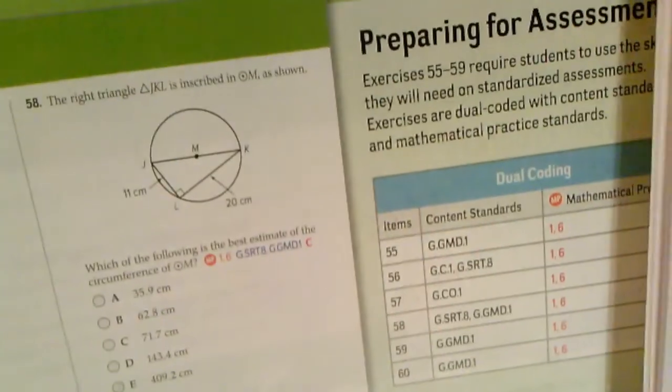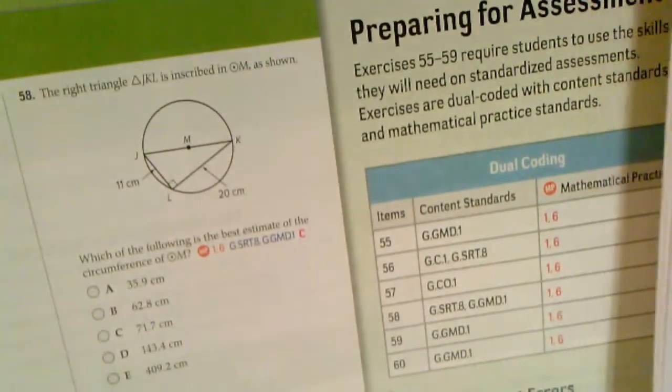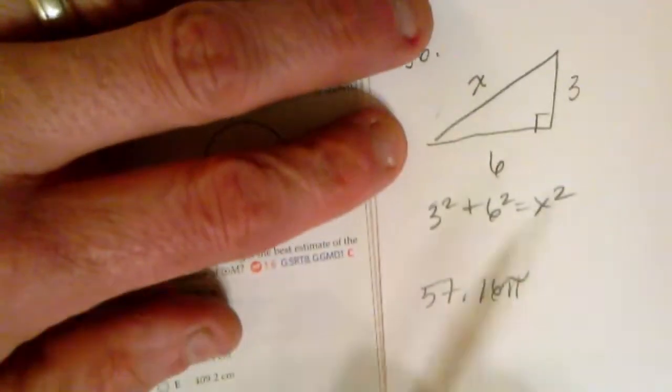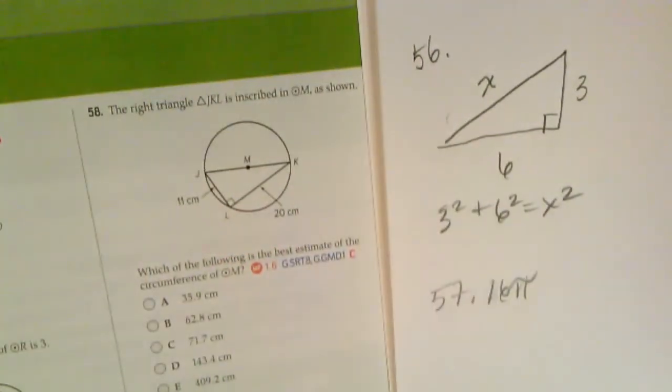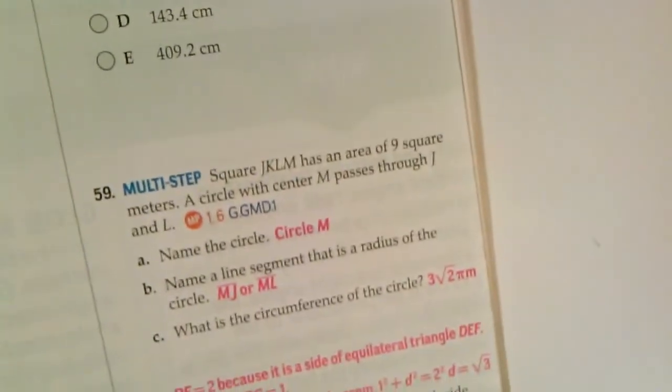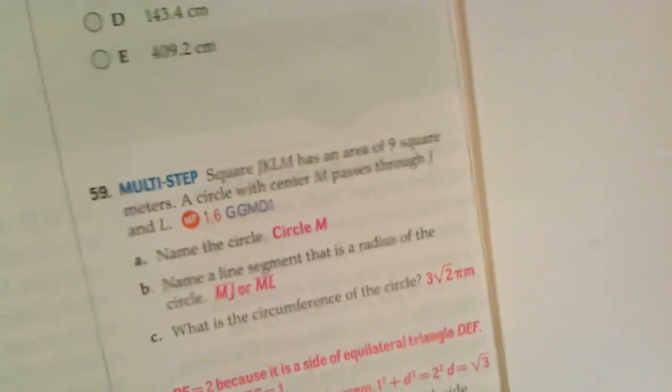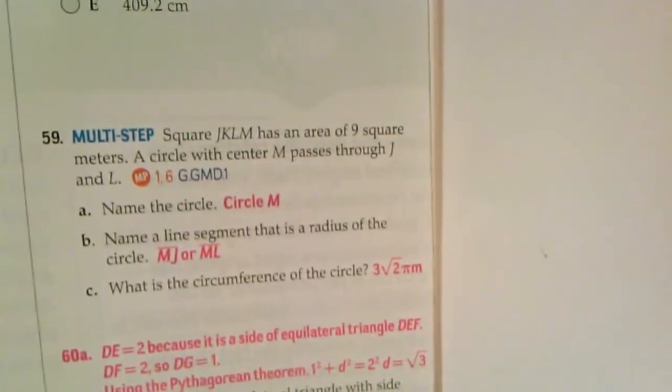Number 59, some of you had some troubles drawing this out today. So number 59, here's what we have. It says square JKLM has an area of 9 square meters.